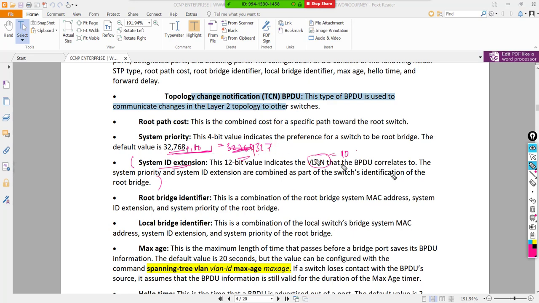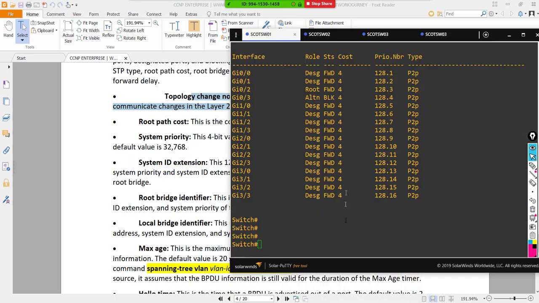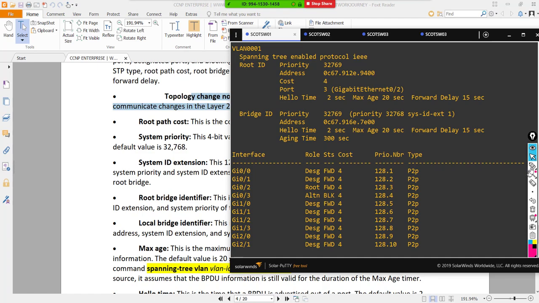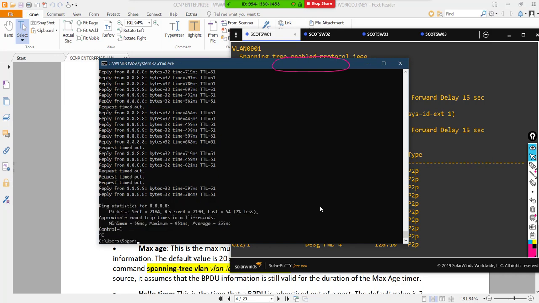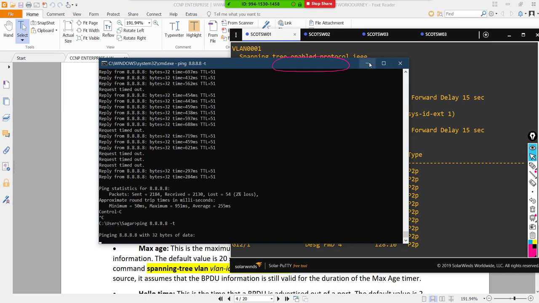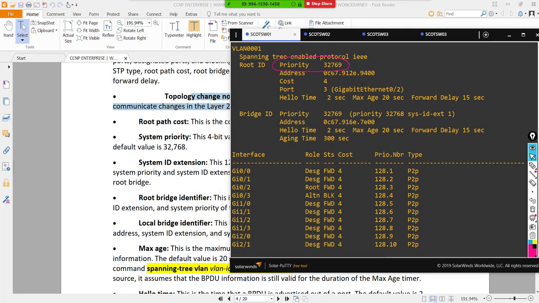So let me go back to the console and show you where we see this. If I take up this table, this is where we saw it.